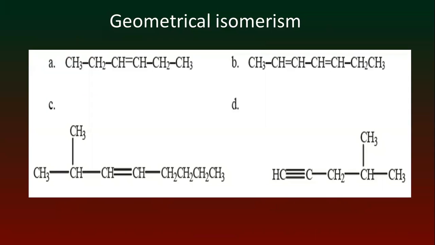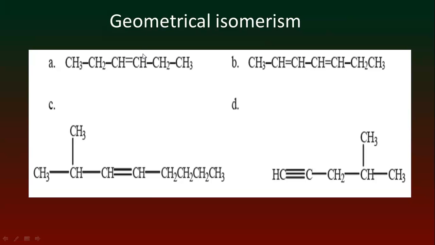So boys, can you think which compound undergoes geometrical isomerism among these four compounds? Okay, just follow the first one, compound A. This compound contains a carbon-carbon double bond, and the carbon atoms containing the double bond have two different groups.